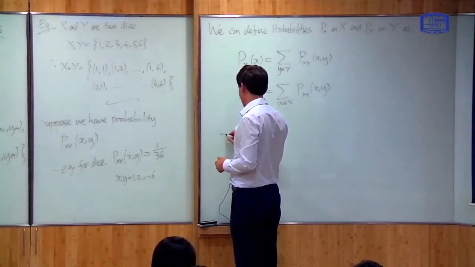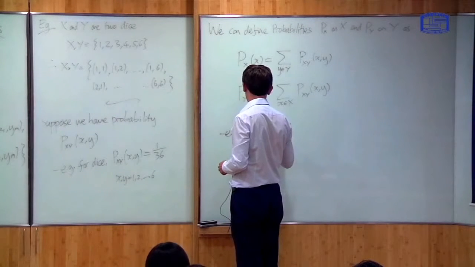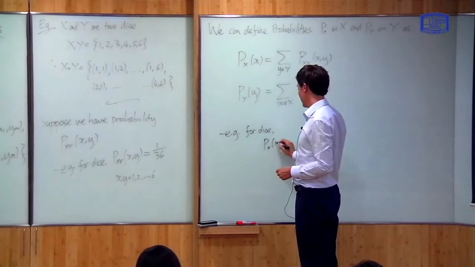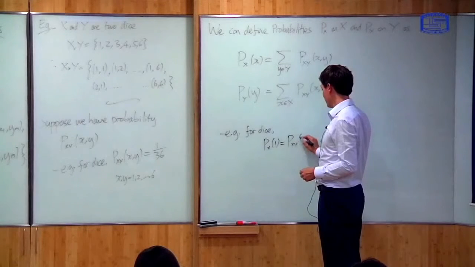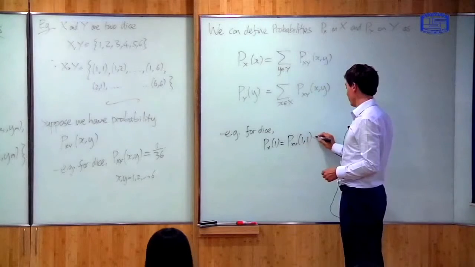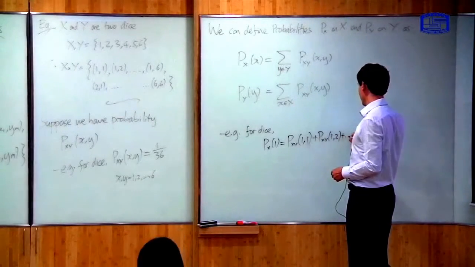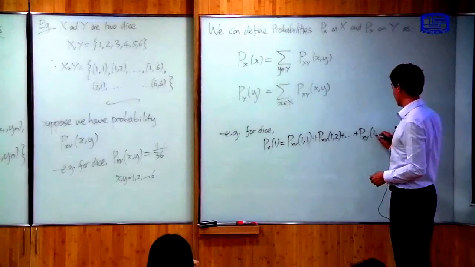And again, for dice, we find that, for example, the probability of getting 1 is equal to the probability of getting 1 and a 1, plus the probability of getting a 1 and a 2, and so on, up to the probability of getting a 1 and a 6.